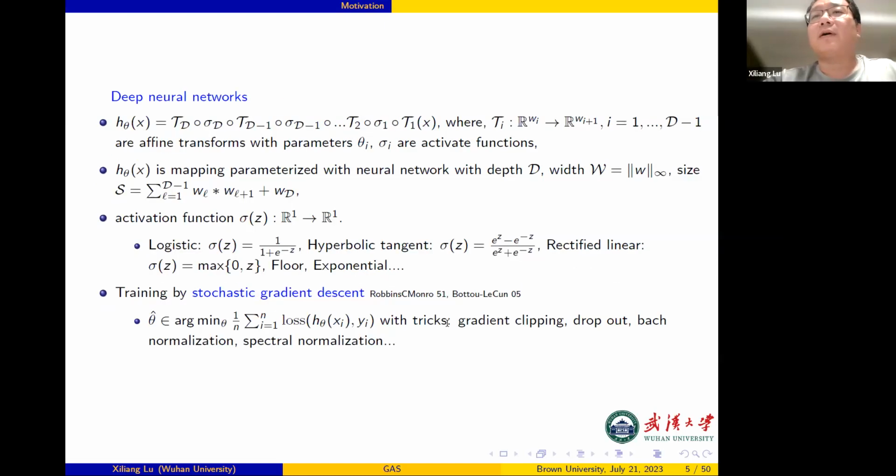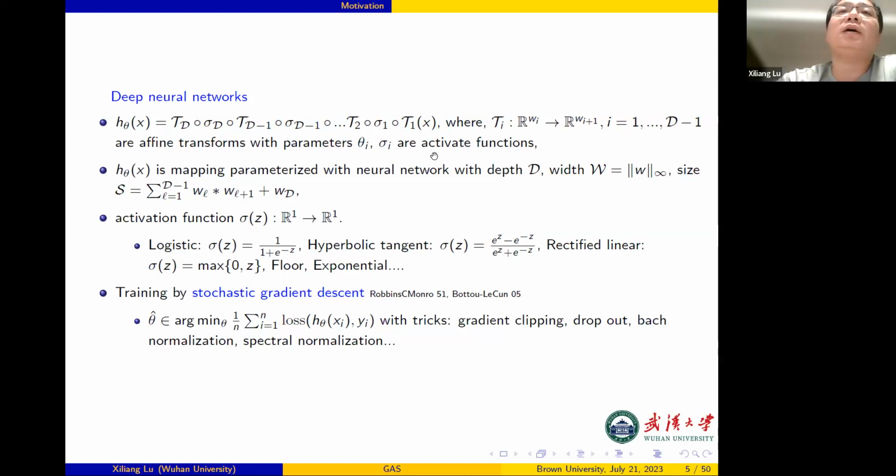I believe everyone is very familiar with deep neural networks, so I will go through it very quickly. When we talk about a deep neural network, we think of it as an approximation of a function, which is a composition of simple maps.